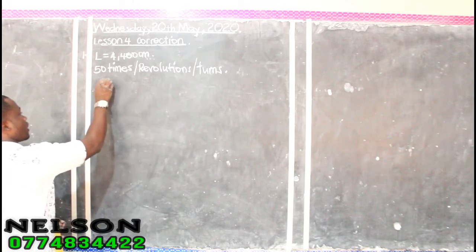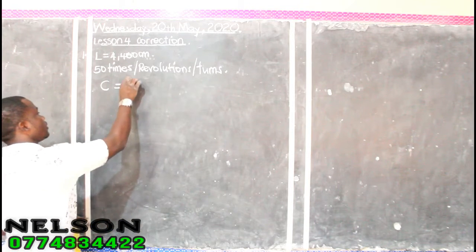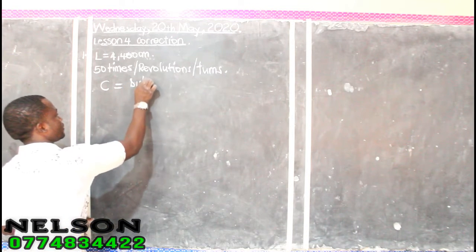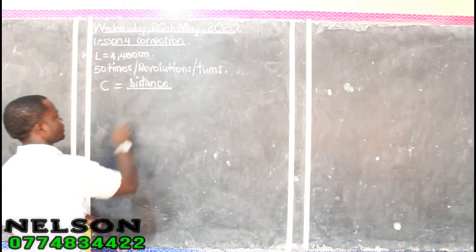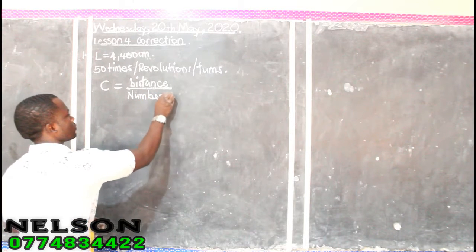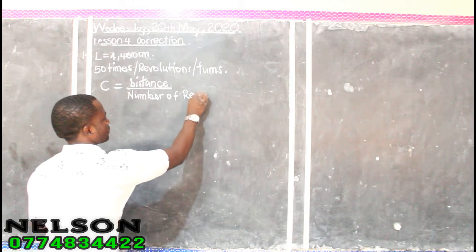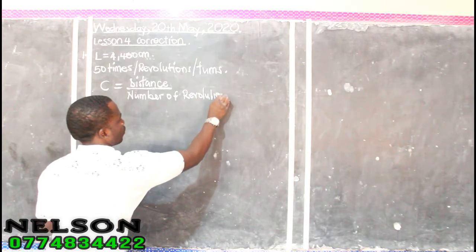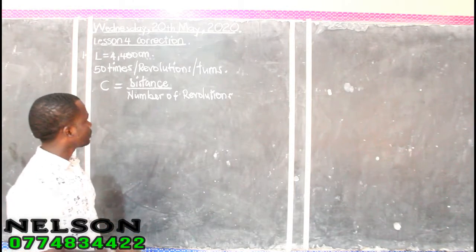So to get the circumference of the tin, we shall say circumference equals distance out of number of revolutions, or number of times, or number of turns. Okay?